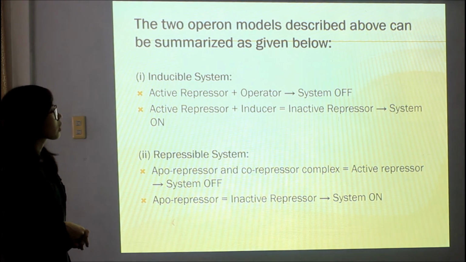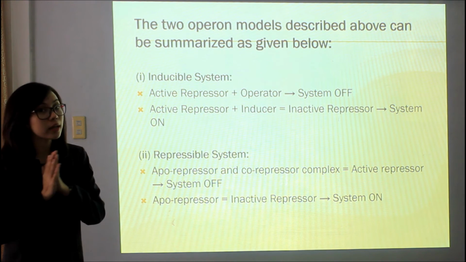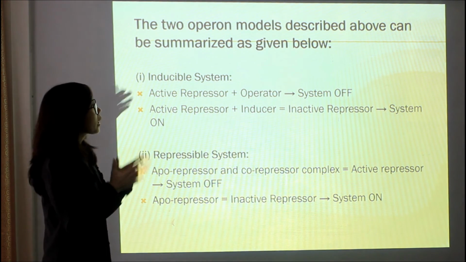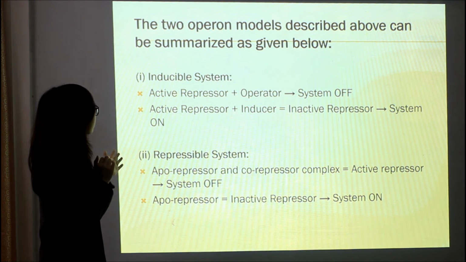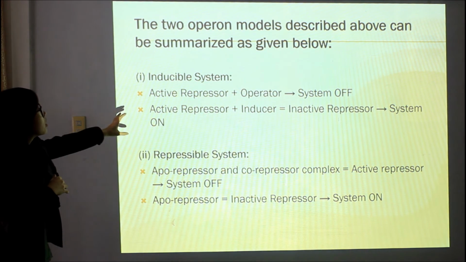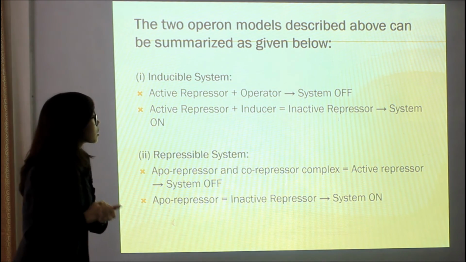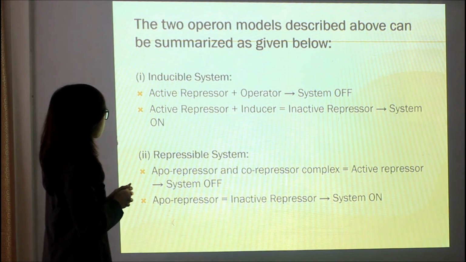So, in summary, the two operon models described a while ago can be summarized here: the inducible system and the repressible system. In the inducible system, the active repressor plus operator means the system is off.